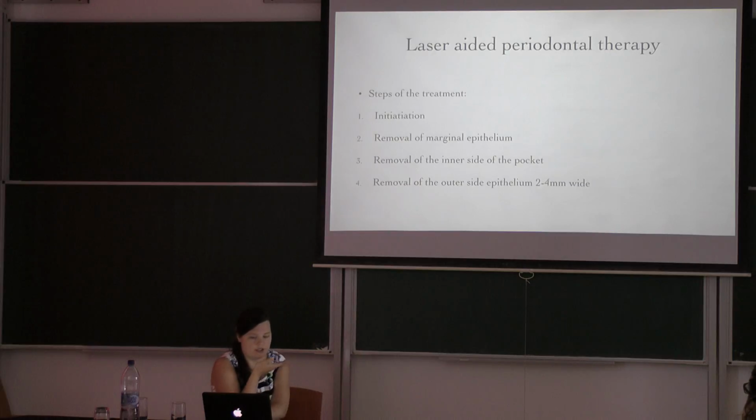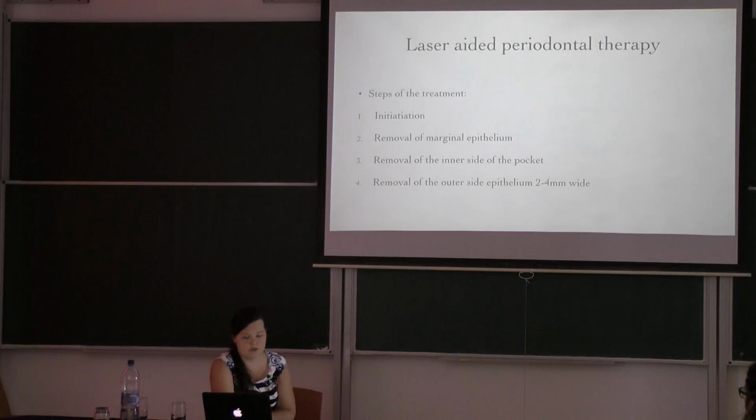What we do, actually, these are the steps of the treatment. Of course, not too much information for you, but what we do is initiating. The end of the fiber has to be initiated. It means we have to create a black surface at the end of the fiber so that all the energy focuses there, and then we can cut or remove.